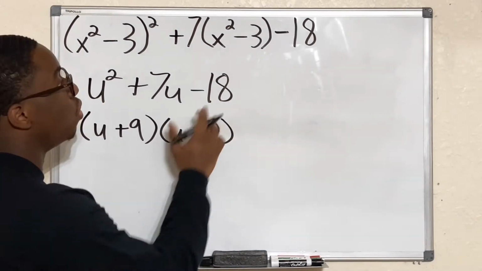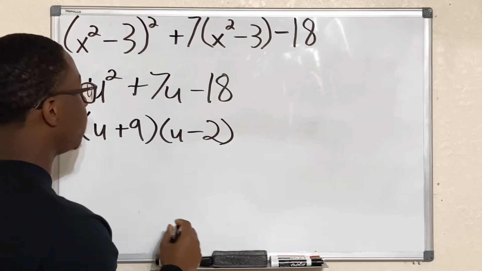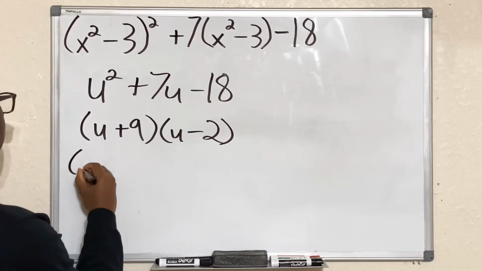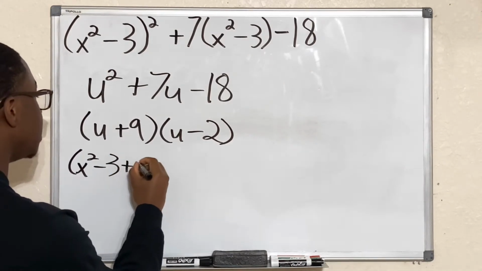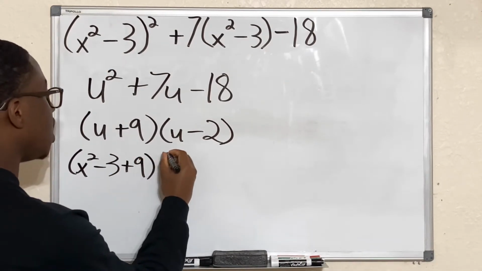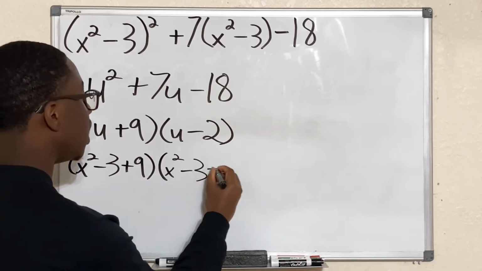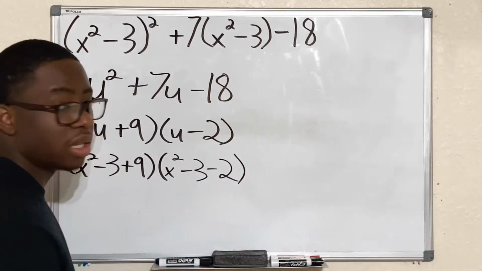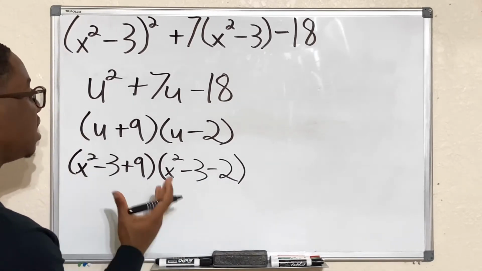Now place U back with our original expression, which is x squared minus 3. So you'd end up with x squared minus 3 plus 9 times x squared minus 3 minus 2. Now what do you do after that? You're going to simplify this even more.